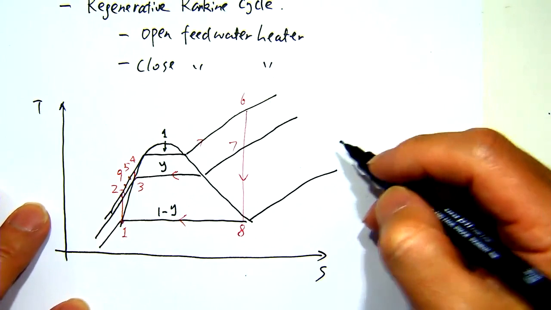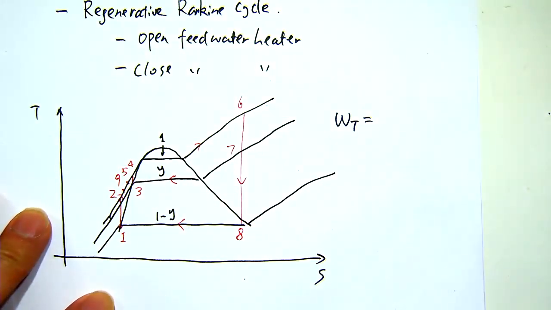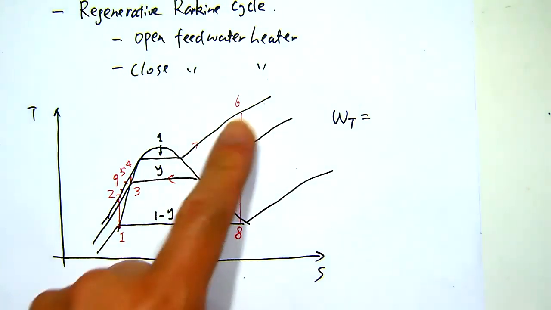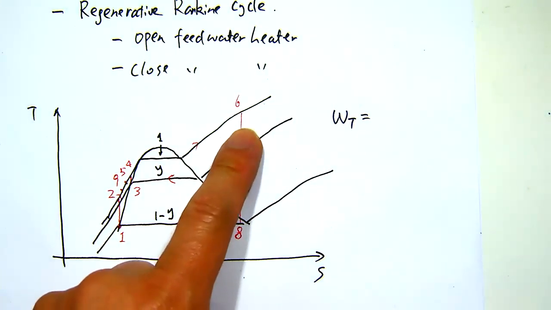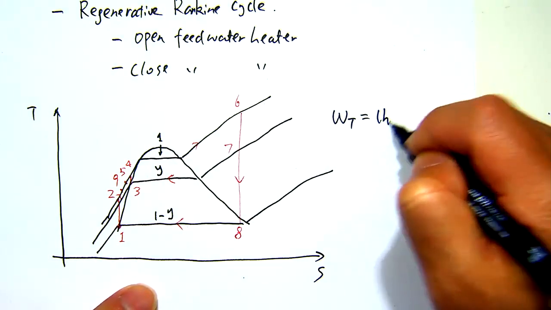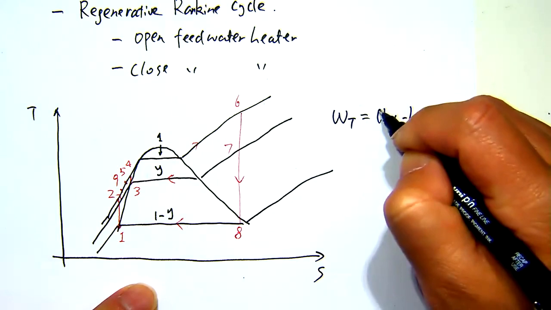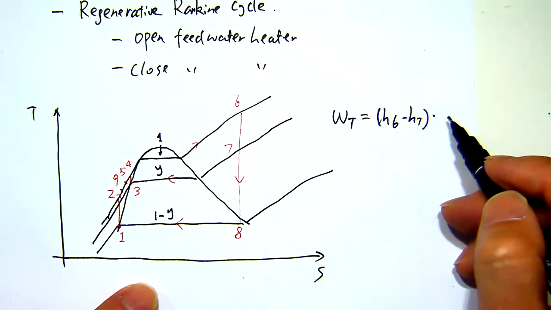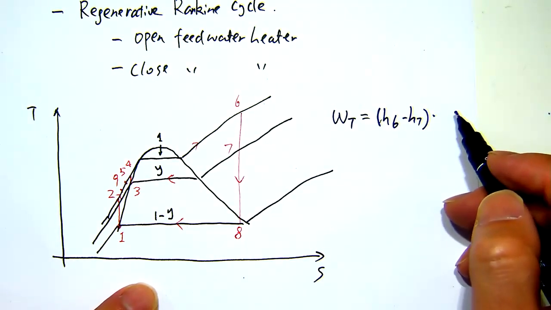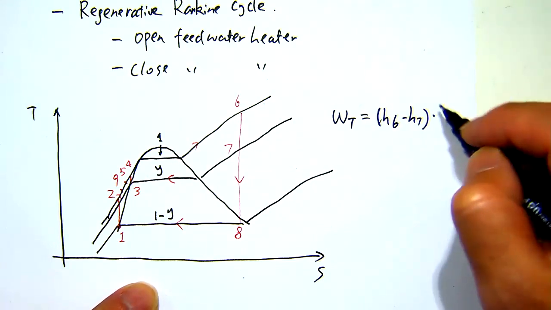So in terms of the total work, we have 2 segments, the partially expanded and the fully expanded. So that would be H6 minus H7 times a mass fraction of 1.